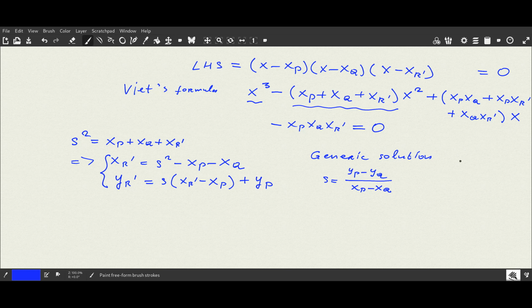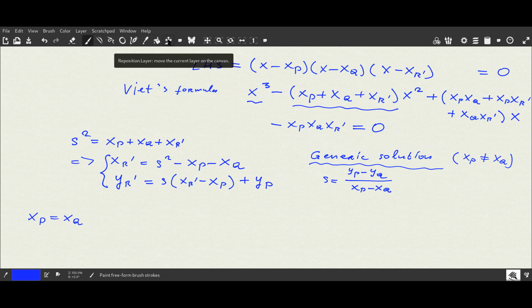S is computable if xp is not equal to xq. If xp equals xq, then there are two possibilities actually. So let me call the generic case case 1. Case 2, when xp equals xq, would be the degenerate case.